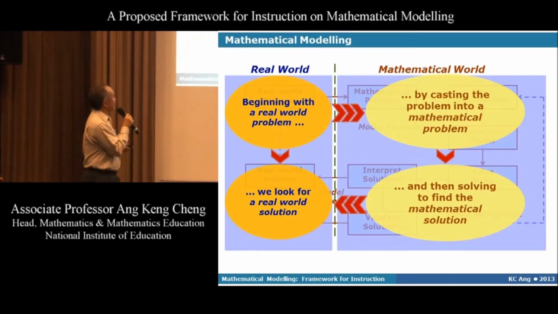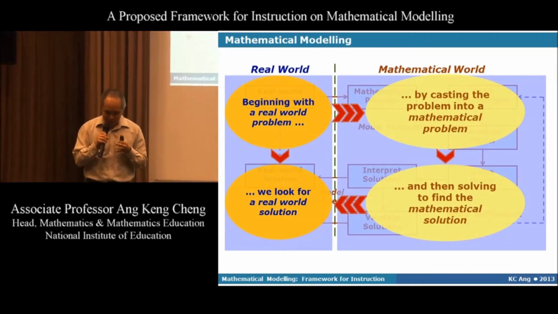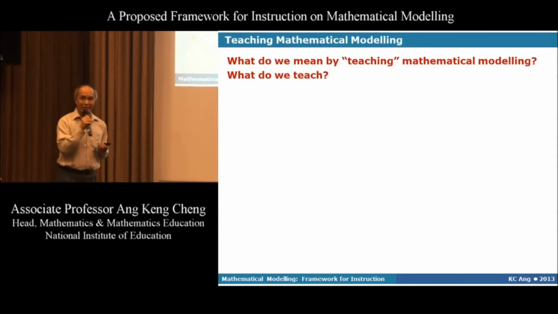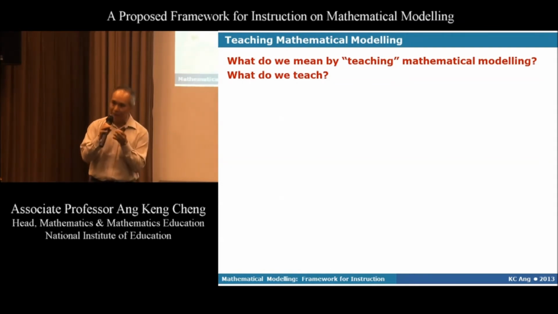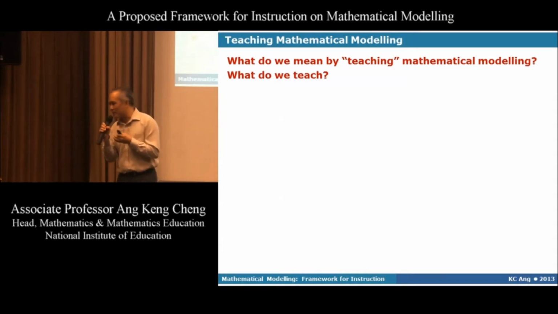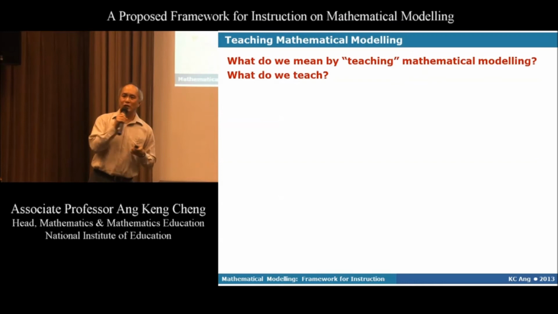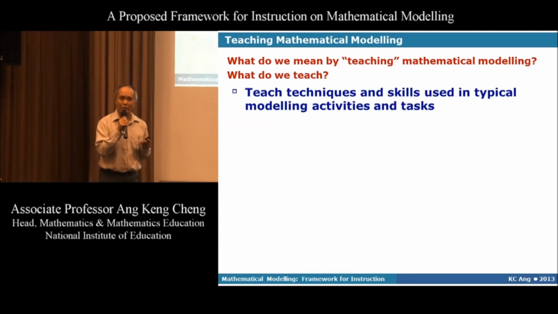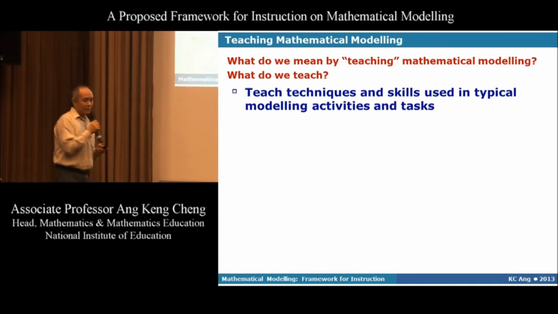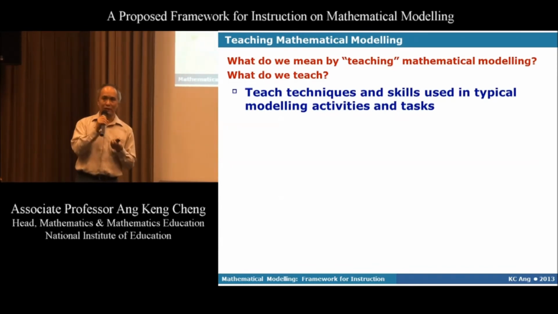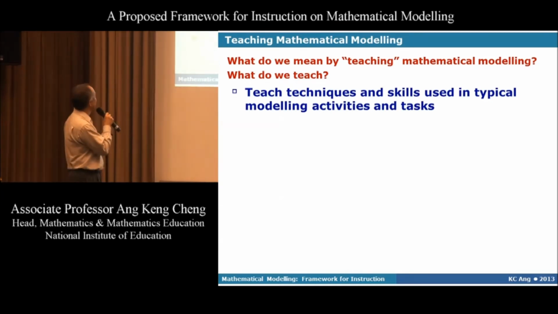Okay, fine. Now we move on to the next part, which is teaching mathematical modeling. What do we mean when we say we teach mathematical modeling? Is it like a topic or a skill, like trigonometry or probability or functions and graphs or algebra? What do we actually teach in a mathematical modeling class or activity? Of course, this is just my opinion. I think we can teach techniques and skills that are used in typical modeling situations and activities.